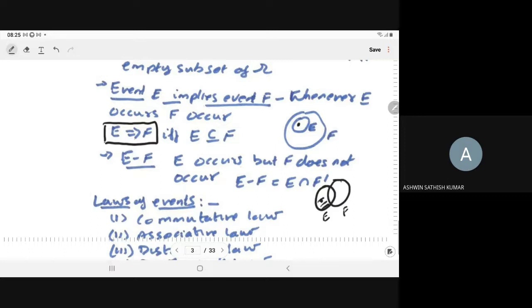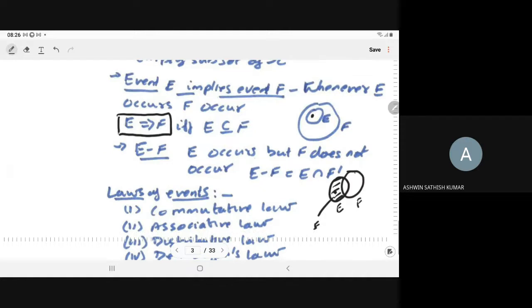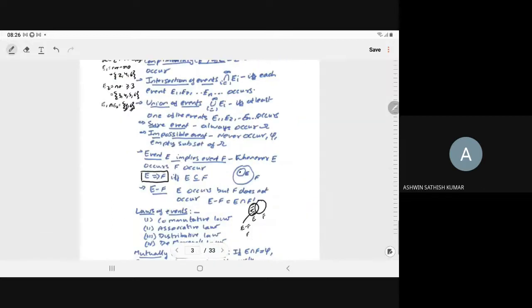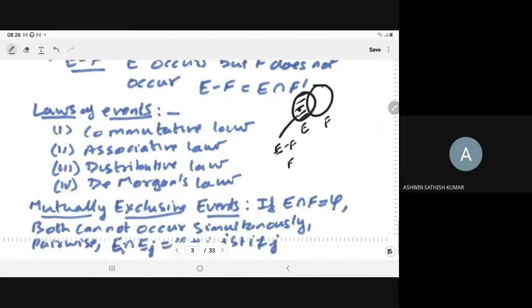So that we represent, this area is E minus F, which is equal to E intersection F complement.